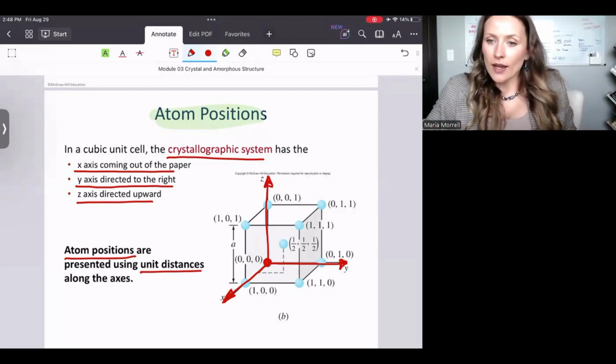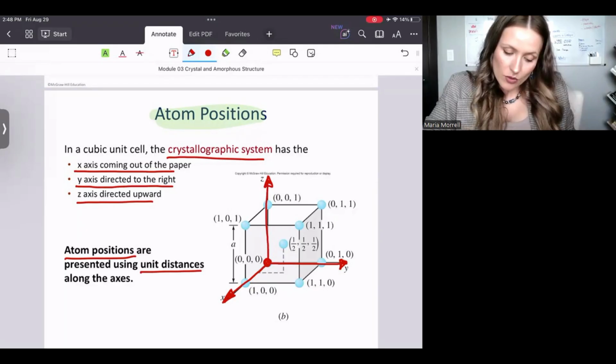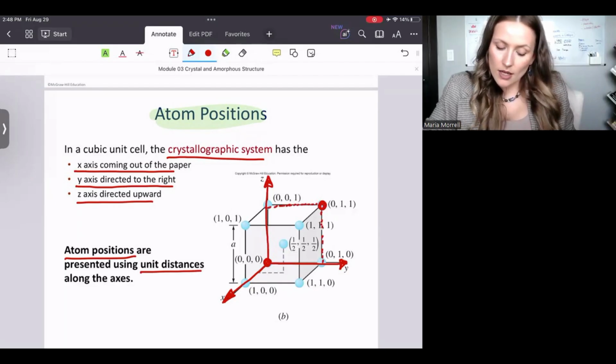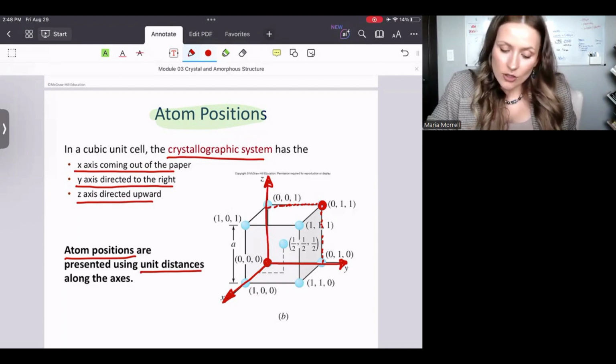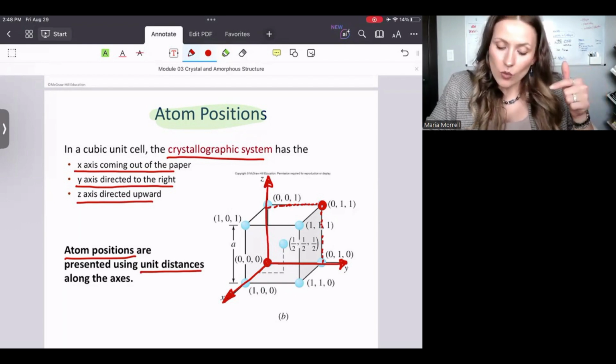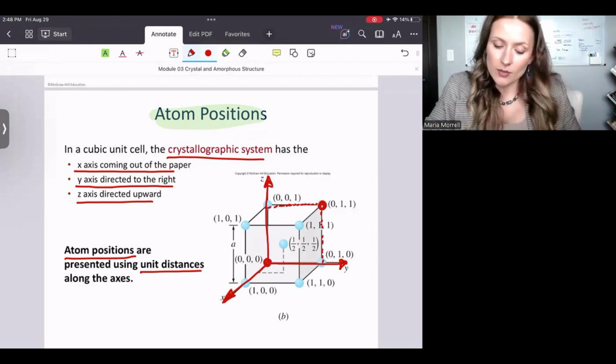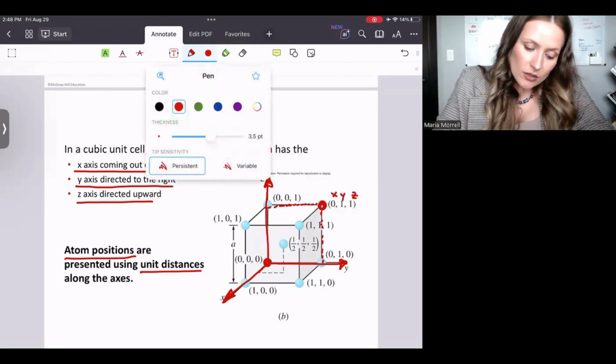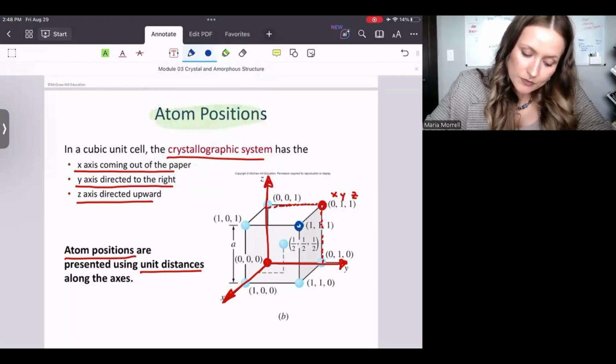And so if I am, I don't know, let's identify which one. Perhaps let's look at this one, right? You guys will see that your Z is 1, your Y is 1, and the X is 0, and that's why you end up with 0, 1, 1. We use the square brackets, we separate by commas, X, Y, Z. Let me change the color, practice a little bit with this one.